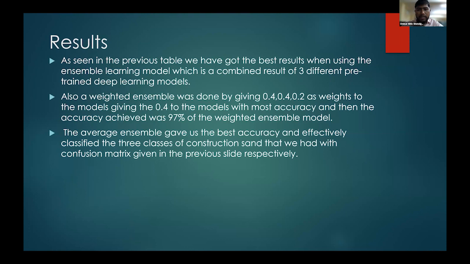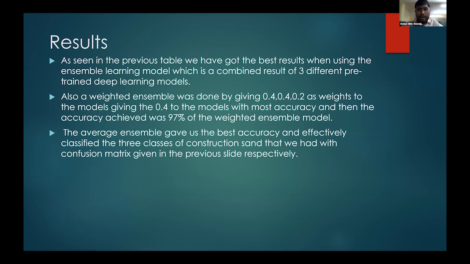And the last model, Xception, was given 0.2 as a weight. So that adds up to 1. Then we did weighted ensemble learning of these three models after the weights were assigned to each one of them. And we got about 97% accuracy for the weighted ensemble. So these were the results.